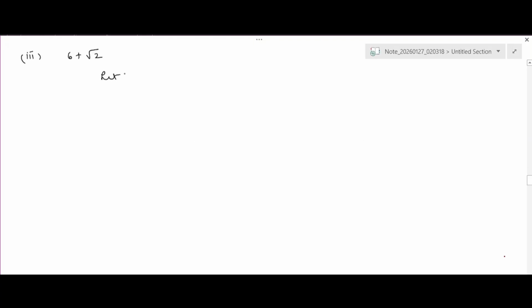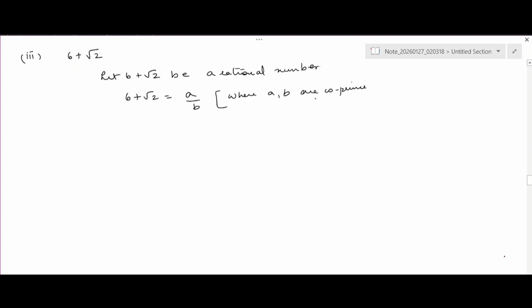Let 6 plus root 2 be a rational number. So 6 plus root 2 is equal to a by b, where a, b are co-prime and b not equal to 0.